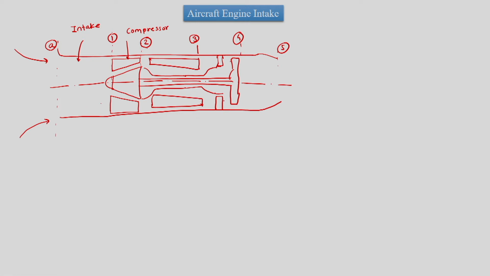Now our focus at this moment is on the intake and nozzle. So our focus is on this component and this component. Practically, we will see the intake to start with. As I said, the intake is practically a diffuser, and the job of the intake is to increase the pressure while flowing through the duct and then supply that high pressure air to the entry of the compressor. This is the primary job of an intake, but we have to reduce the losses, the loss of total pressure in the intake.